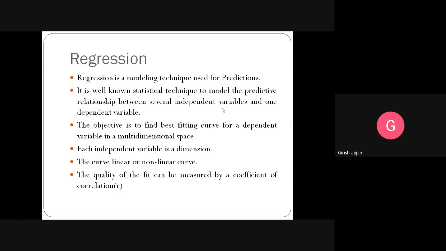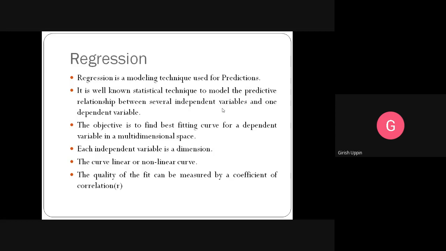For the simplest example, y = mx + c. You are already aware of this. It is the equation for a straight line. Let us assume your data points are such that the best fitting curve is a straight line, y = mx + c, where x is the independent variable based on which you are going to predict the y value.